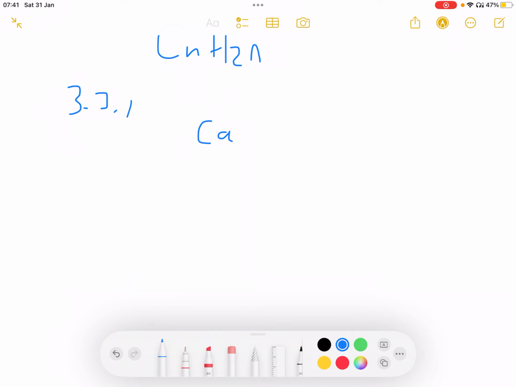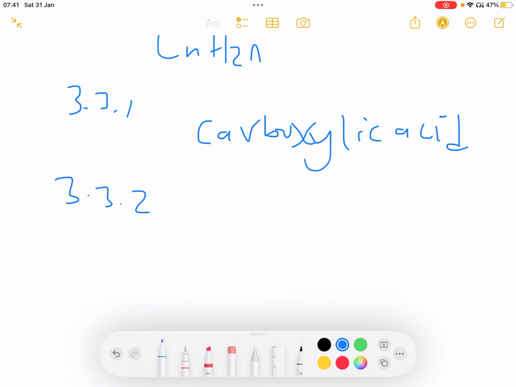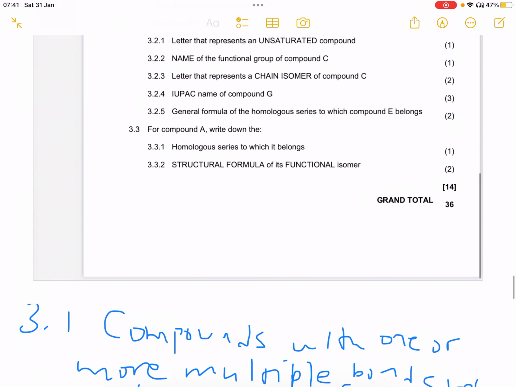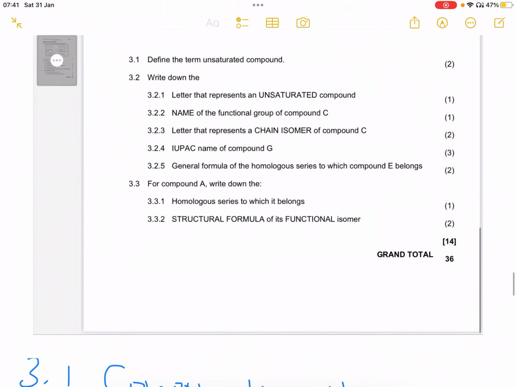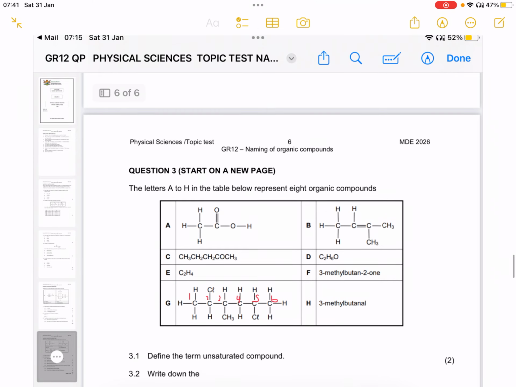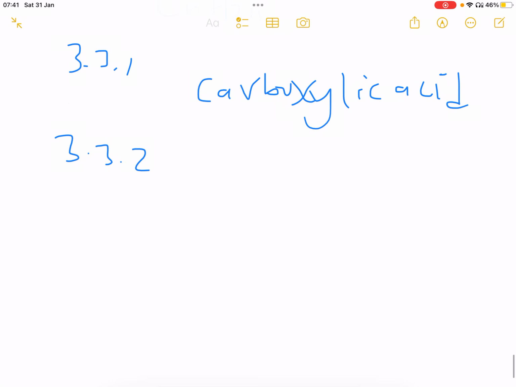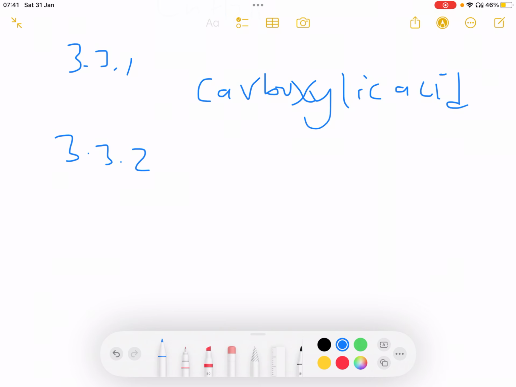So it's a carboxylic acid. 3.3.2, they want the structural formula of its functional isomer. So the functional isomer for a carboxylic acid is an ester, so we'll have to make an ester out of this, and then let's see, CH3 with an O, C double bond O with an H.